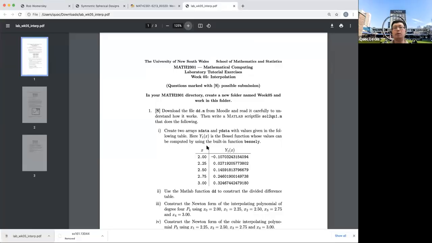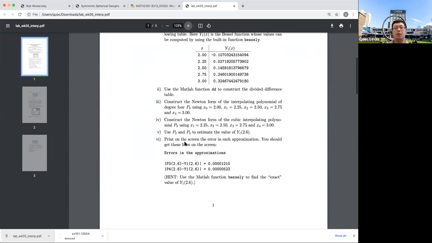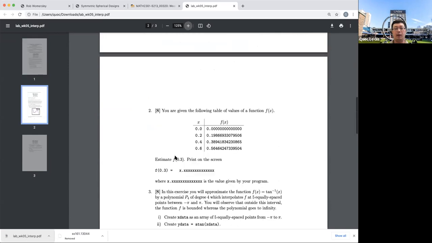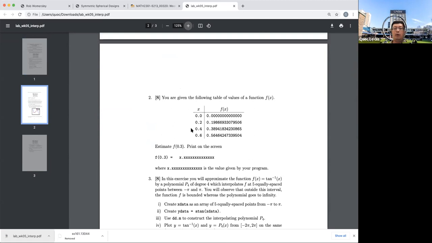Any questions for that? Okay, otherwise, if there's no question, then we move to the next question. So we got the first question done. And now the next question, I think this one we can skip because it just computes the divided difference.